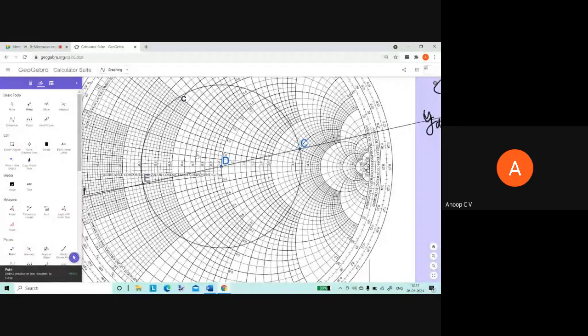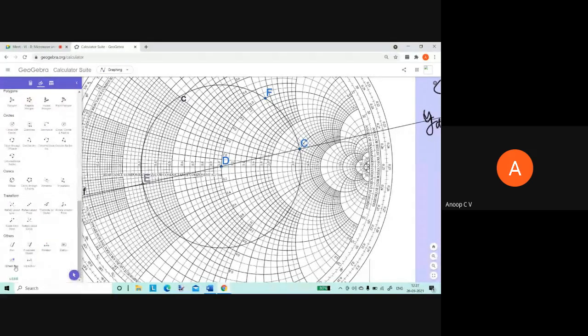So when I move clockwise from point E, this is the first point where I am meeting the G equal to 1 circle. So I'm marking this point. This point F is the point which intersects with the G equal to 1 circle. Before that, I'll mark the points which I have marked so far.